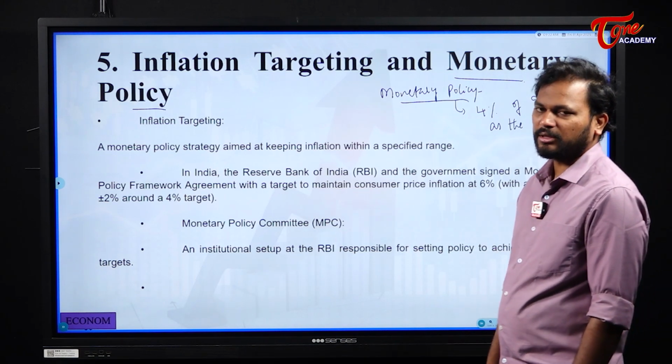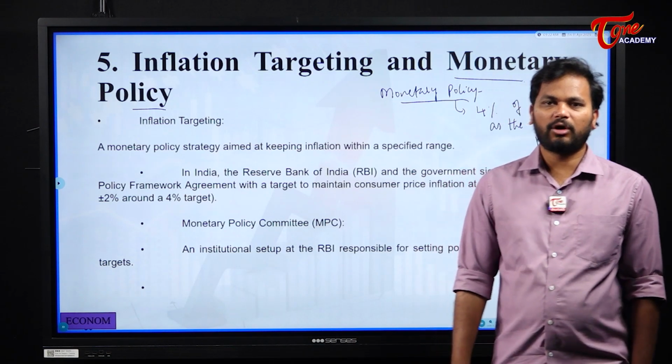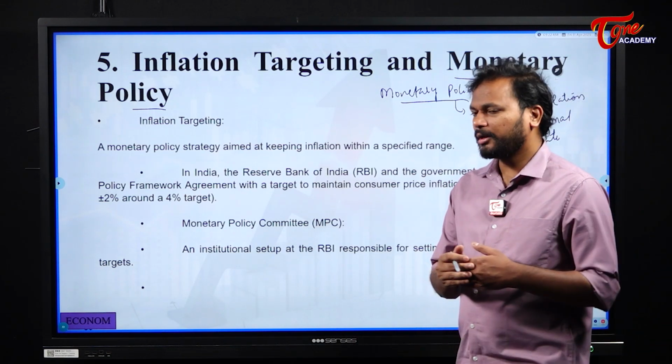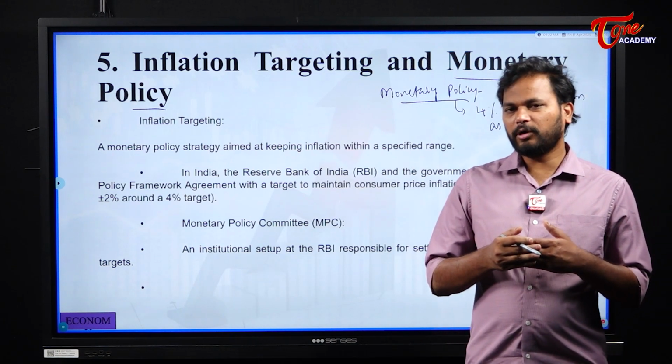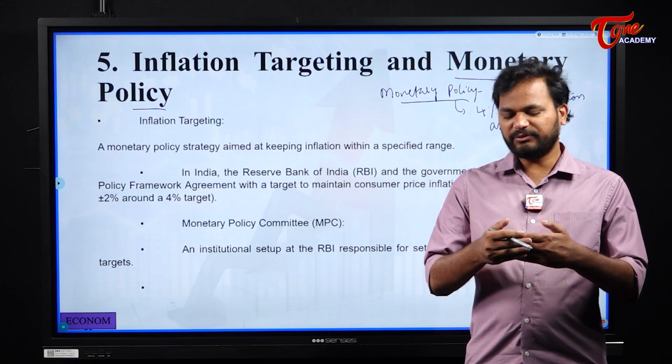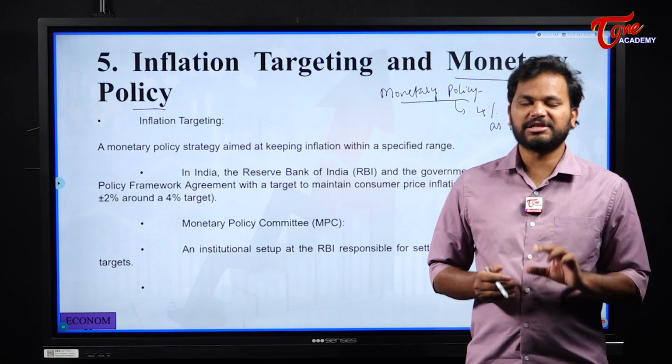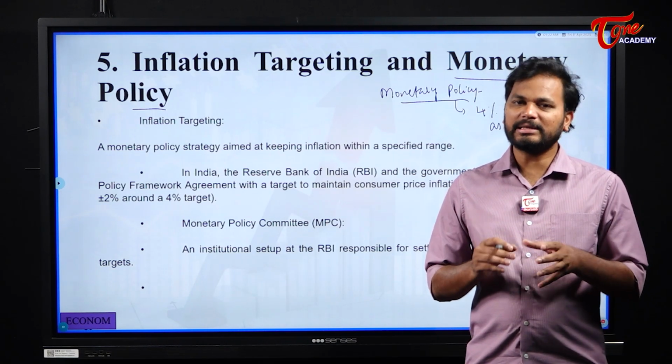Why? Because according to the Monetary Policy Committee, 4% inflation is feasible for India, and that level of increase of prices is essential. Clear?